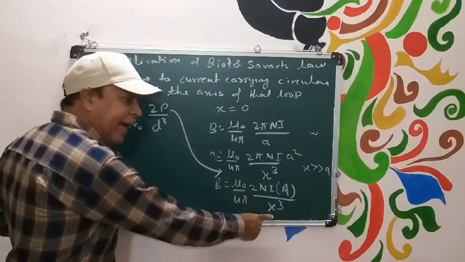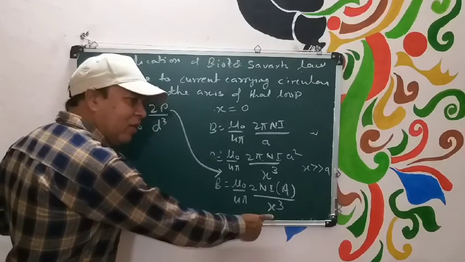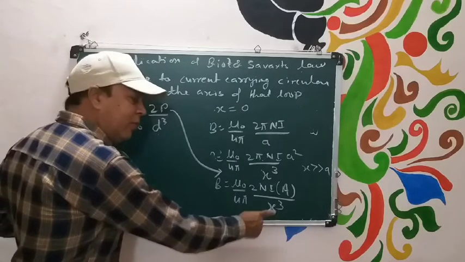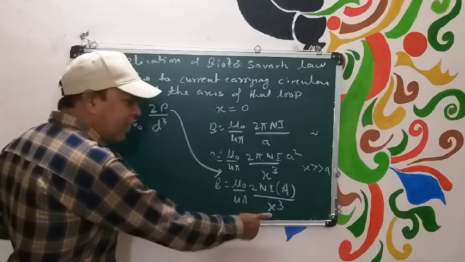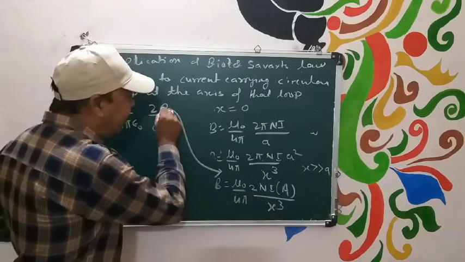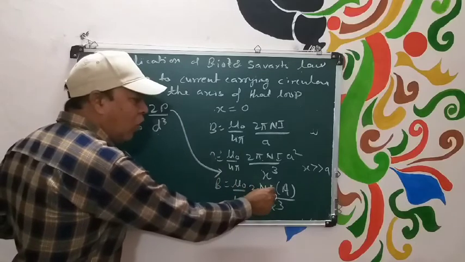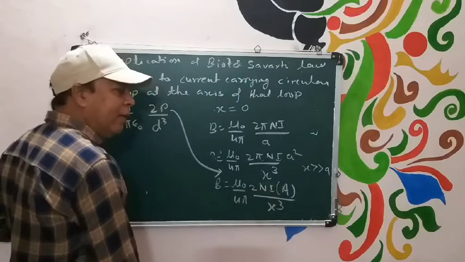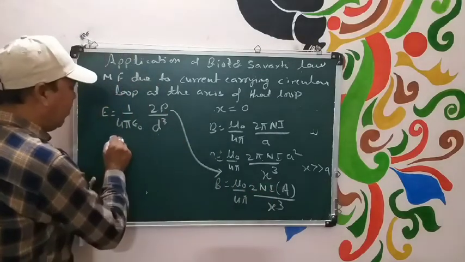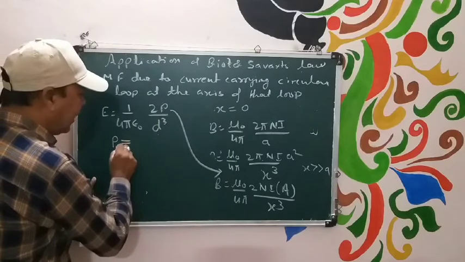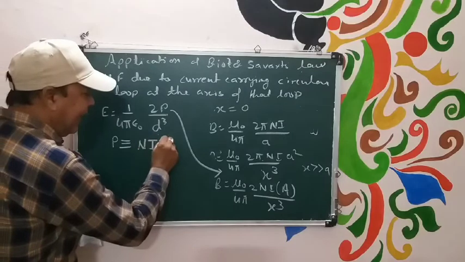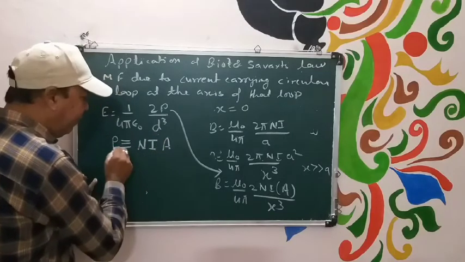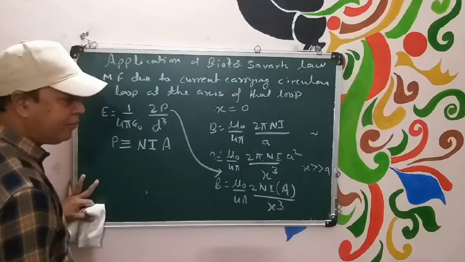Here, X is the distance of that point from the center of the loop. So D and X are same. That means P should be analogous to NIA. P is electric moment now, or dipole moment. So P should be equivalent to NIA. P is electric moment.